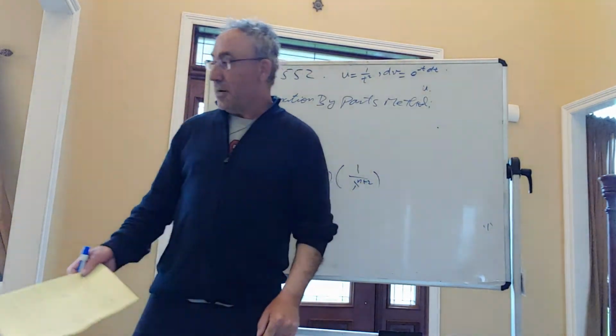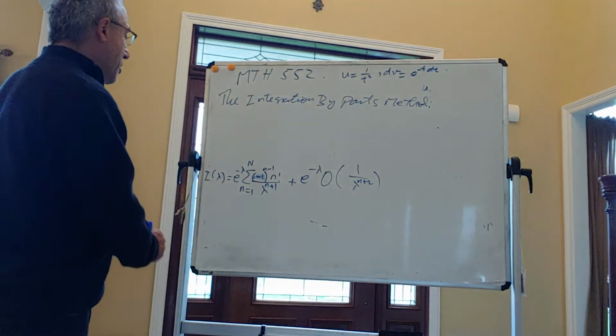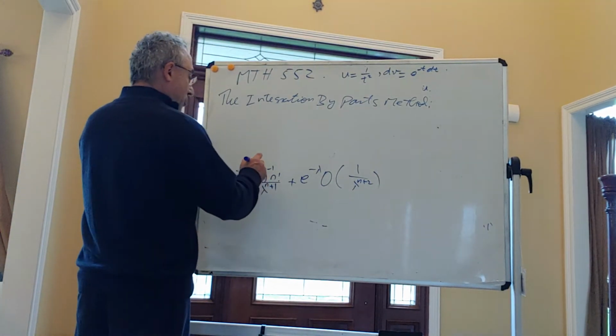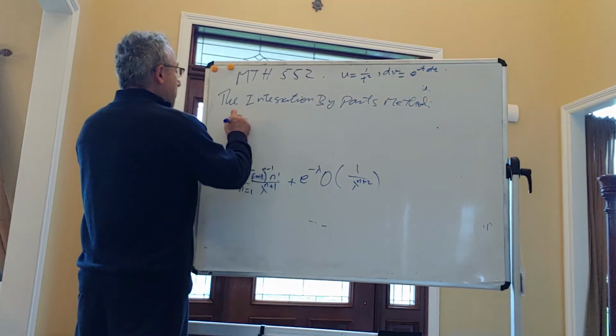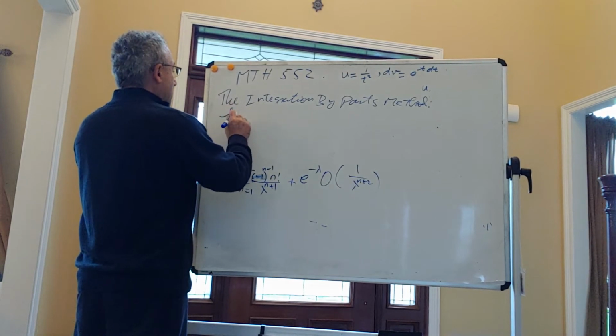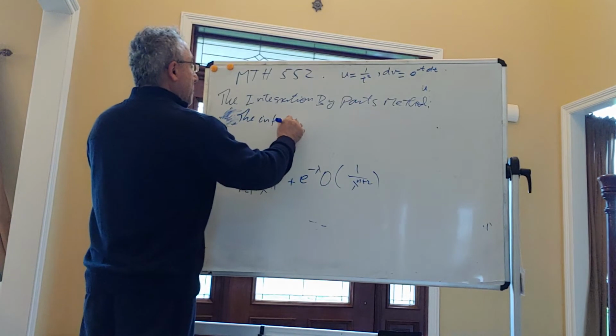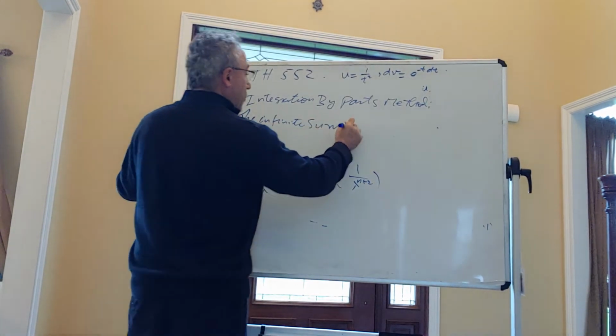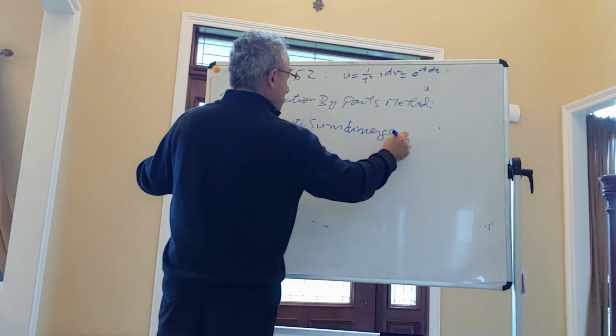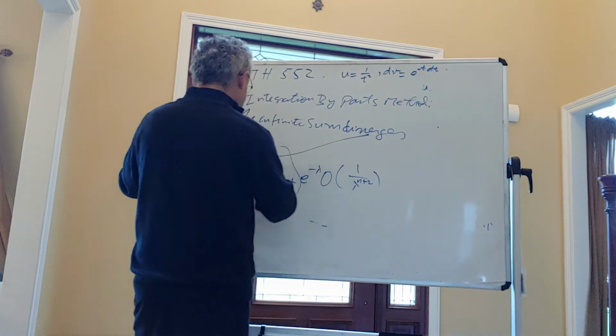So this is the thing here. I want you to notice that if you let n go to infinity, the infinite sum diverges.